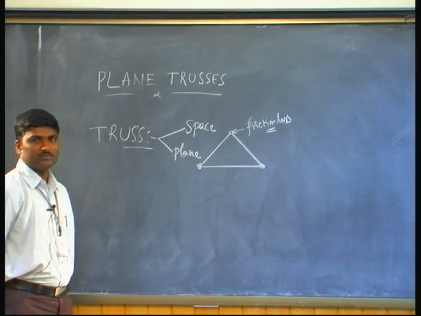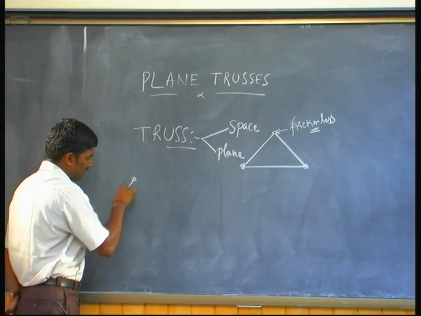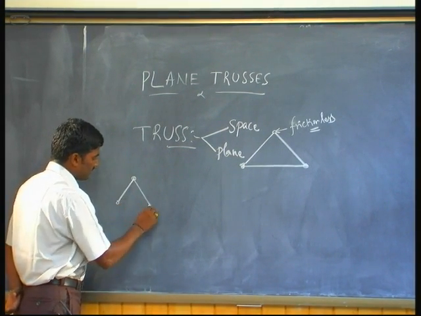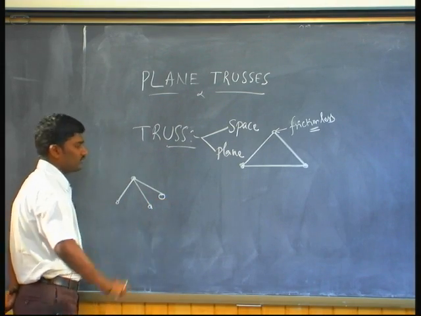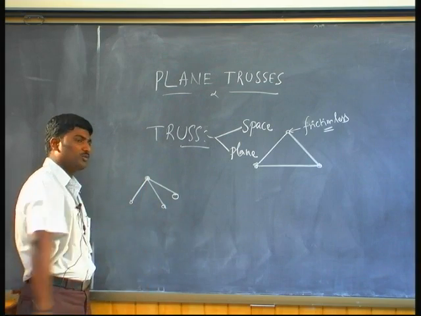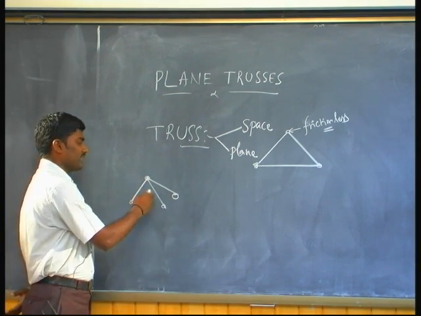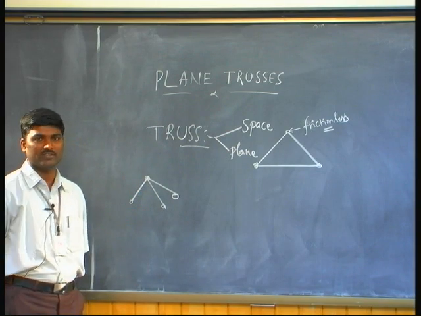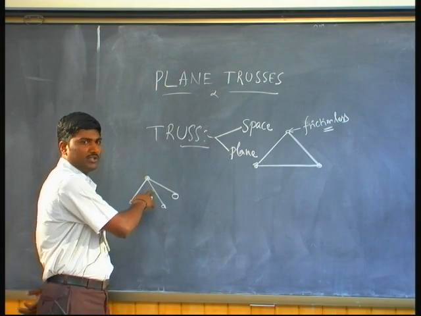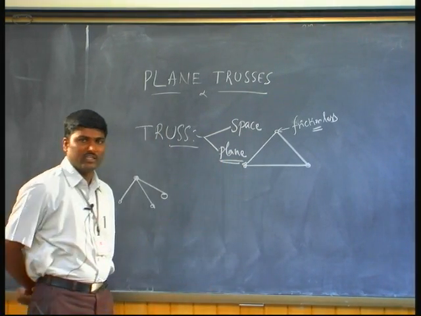Space truss means, I think you might have seen the tripod stand which has 3 members from a top joint which are spread around. So, this is the best example for a space truss. This we are not going to deal with anyway. According to your syllabus, we have to deal with the plane truss.